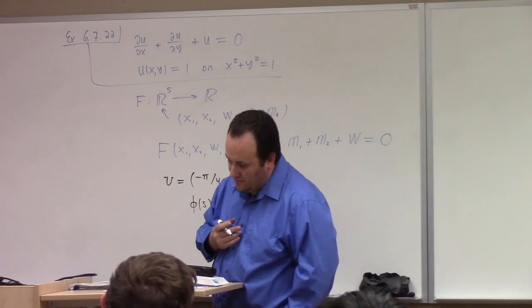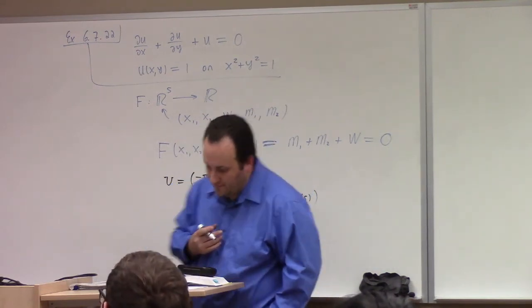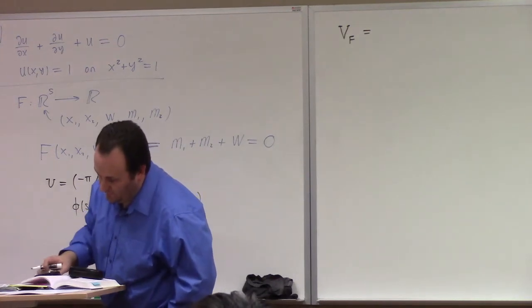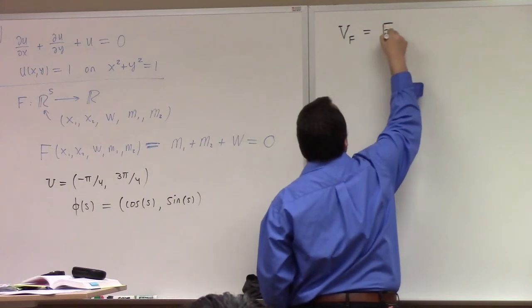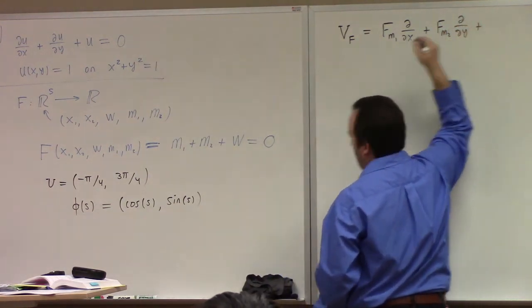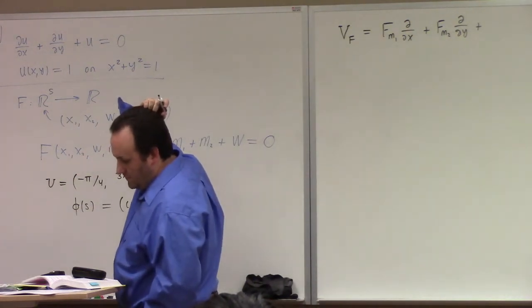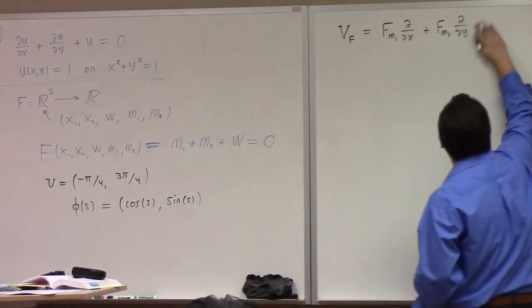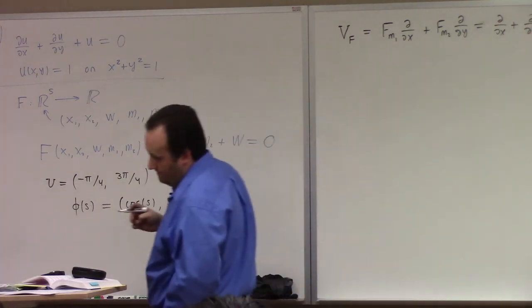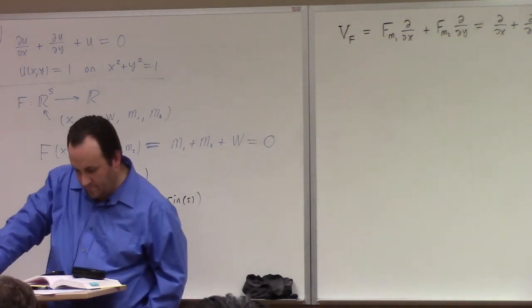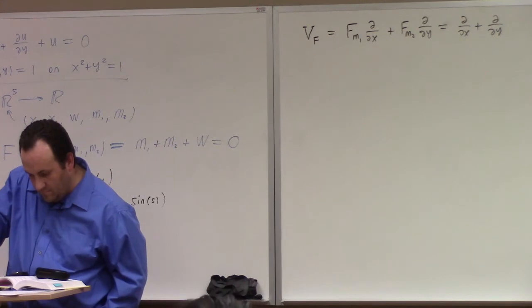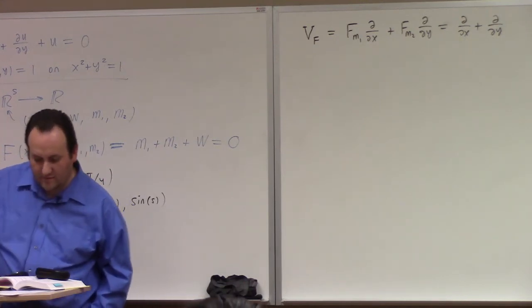He says, we've chosen the domain in such a way that the vector field on R2, given by VF, equals f m1 partial x plus f m2 partial y, which is equal to partial x plus partial y. He says that this is nowhere tangent to phi of u.